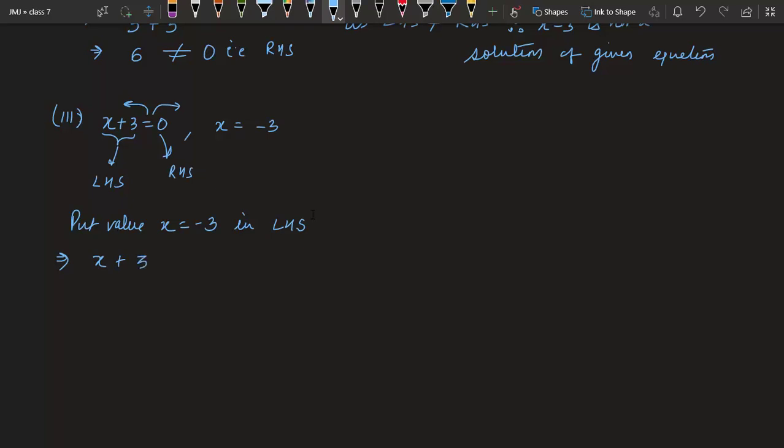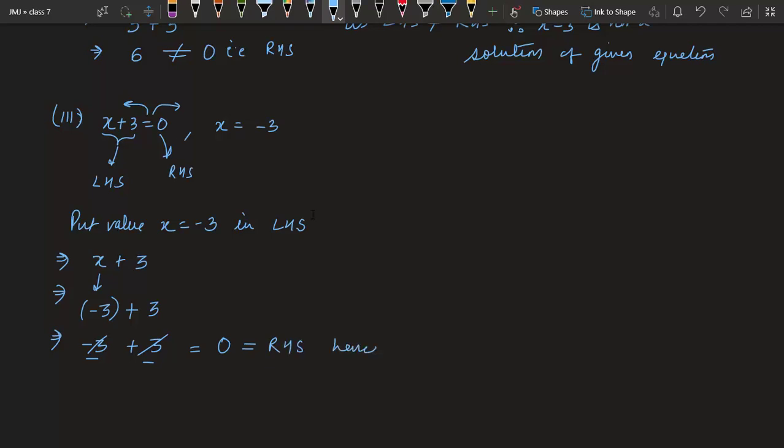So first write the left hand side. You are having left hand side as x plus 3 only. Now in the place of x we will put minus 3 in bracket, then we have a plus sign, then we have a plus 3. So if you open the bracket, it will come out as minus 3 plus 3. So if you see, they are of different sign, so they will cancel each other and answer will be 0, because 3 minus 3 is 0, and luckily this is equal to our right hand side.